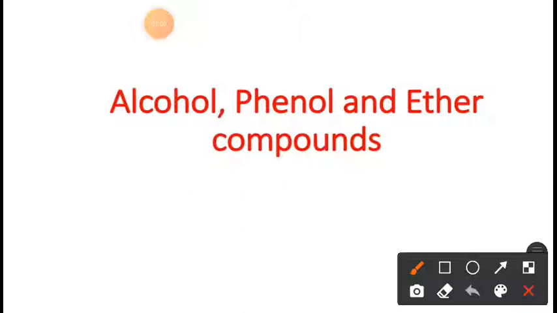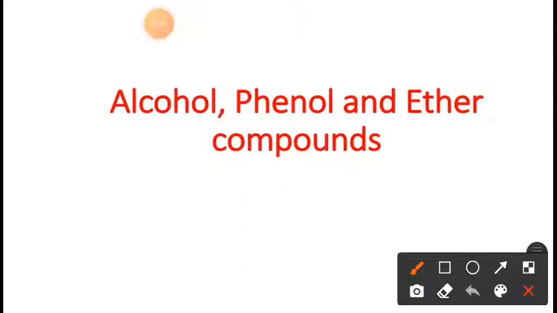So we can define it like this: the compound obtained by replacing one hydrogen atom from an aliphatic hydrocarbon by hydroxyl group is alcohol, whereas those obtained by replacing hydrogen atom of aromatic hydrocarbons are phenols.